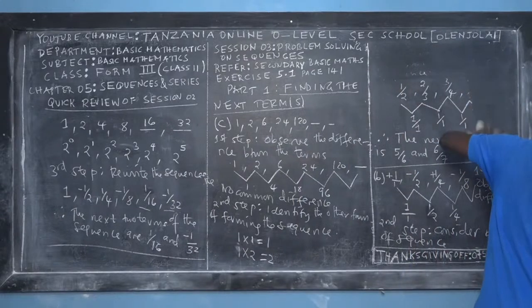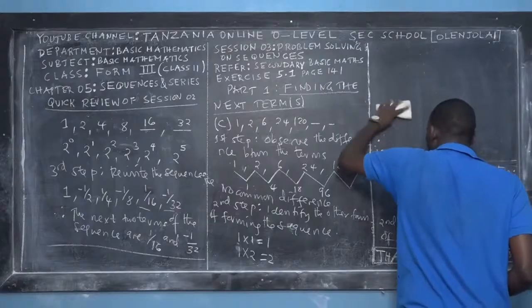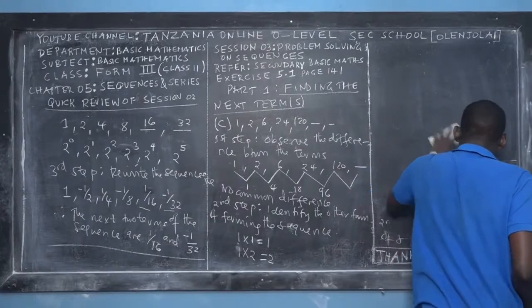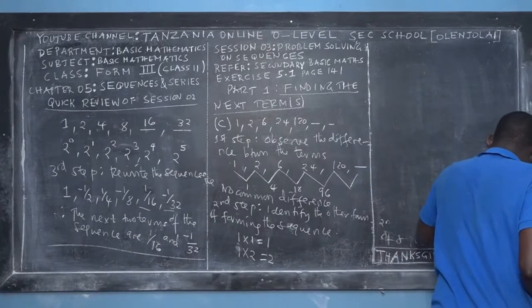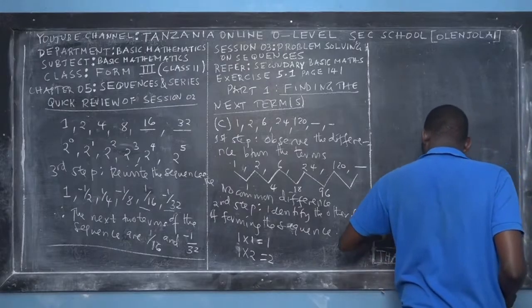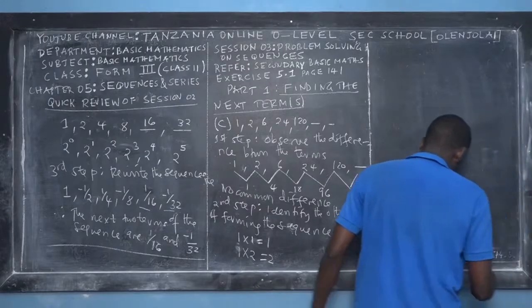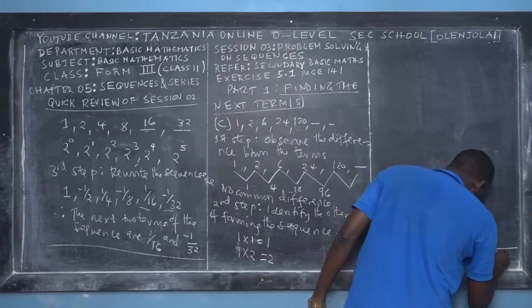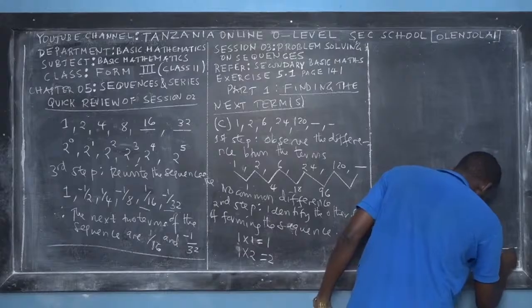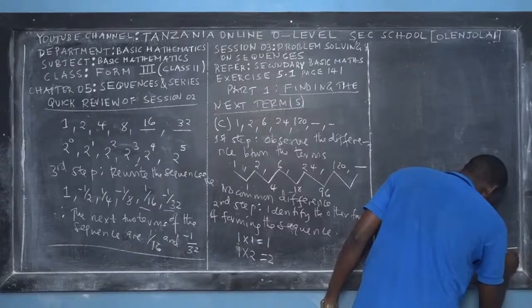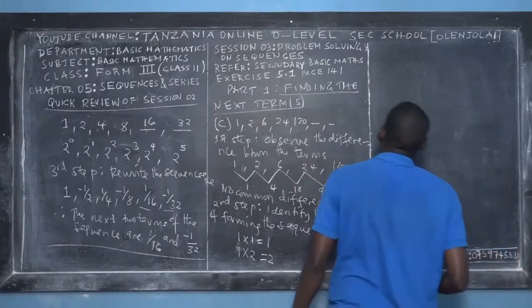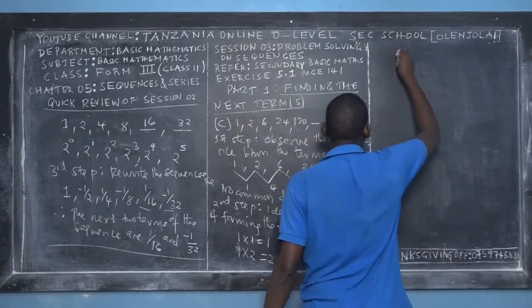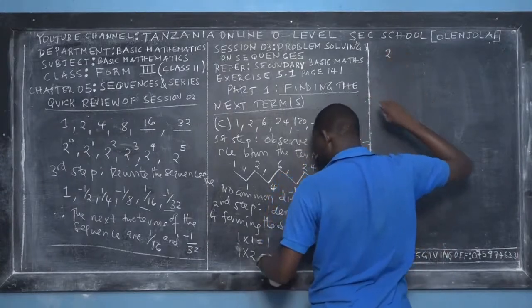So the next terms, that will be the third term, will be formed by the product of the second term and the next number.